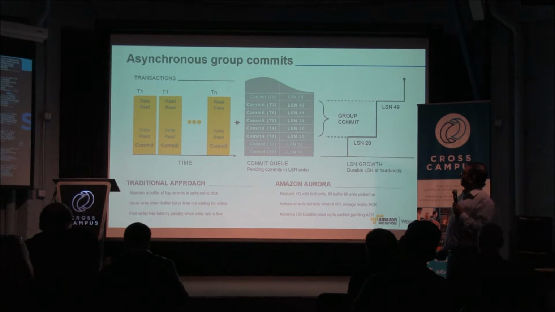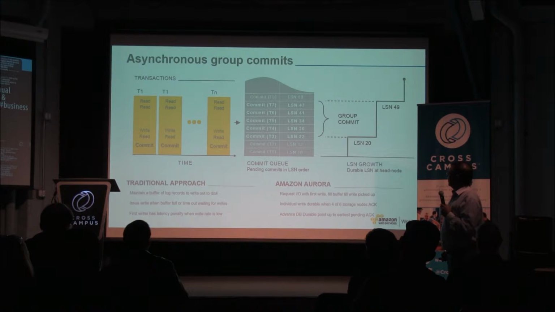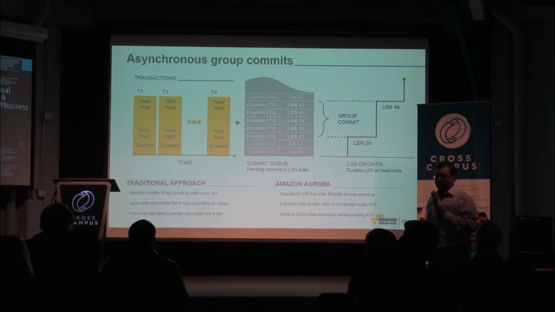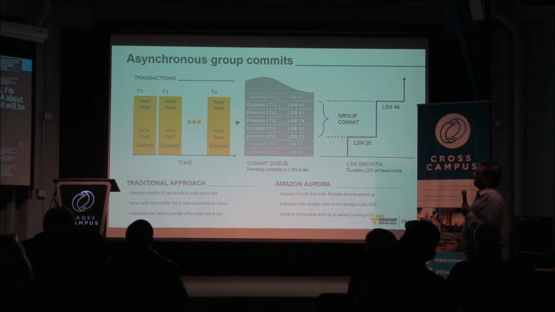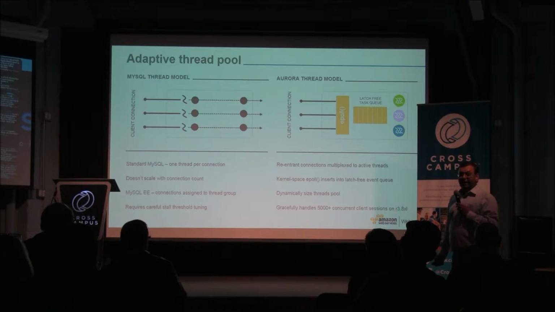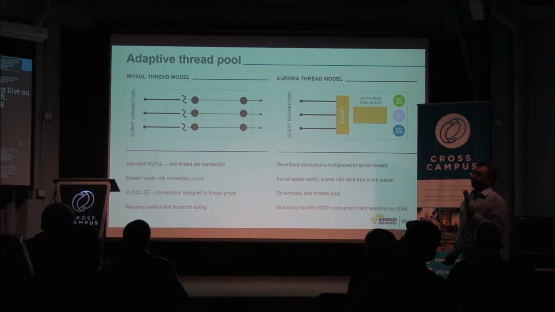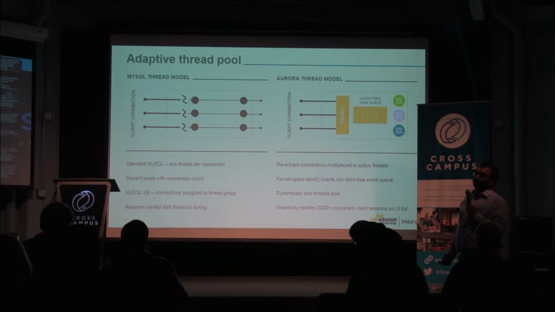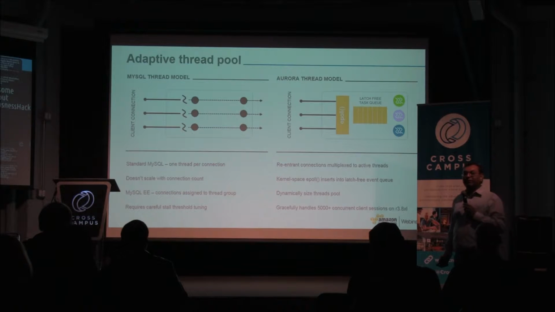I'm not going to get into too much detail here. This is very different from what you see in traditional MySQL, for example. Asynchronous processing helps us. Adaptive thread pool is another area where we have a lot of innovation, and we dynamically spawn threads based on the amount of work that we have. Very different from what MySQL CE does, and even different from what MySQL Enterprise Edition does.